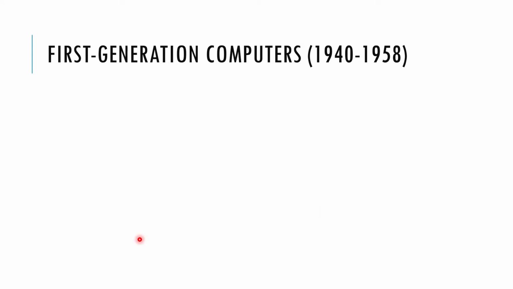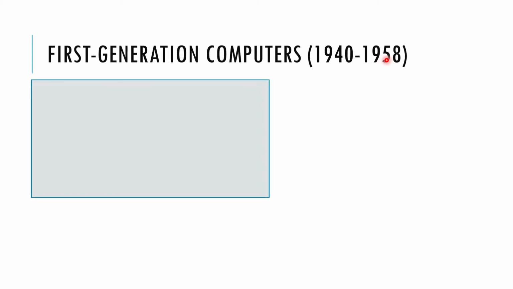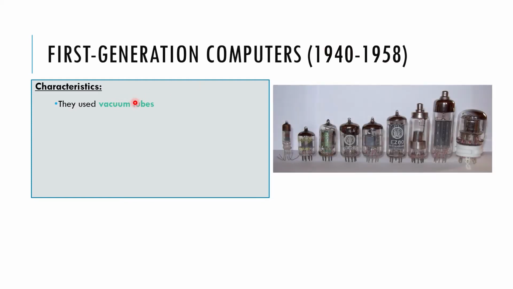So, the first generation computers, the period was 1940 to 1958. Let us discuss some of the characteristics of the first generation computers. The main component in the first generation computers was vacuum tubes. This is the picture of vacuum tubes. Vacuum tubes consumed a lot of electricity.